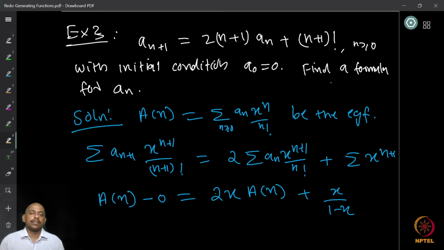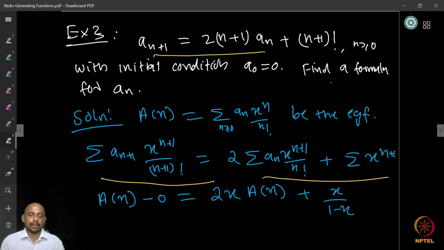So if you look at the exponential generating function, you can take the recursion relation and multiply by x raised to n plus 1 by n plus 1 factorial on the left side and on the right side. You will get, as usual, the terms exactly as before. 2 into summation a n x raised to n plus 1 by n plus 1 n factorial, where n plus 1 cancels.